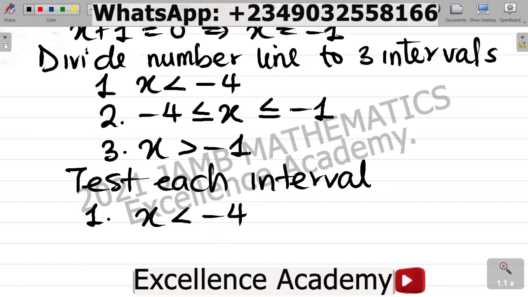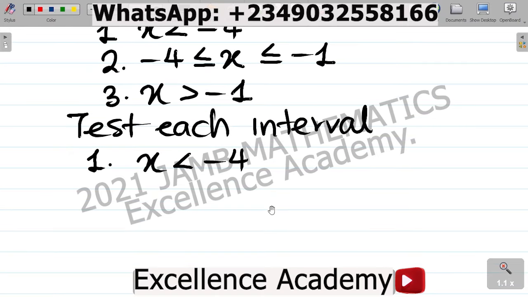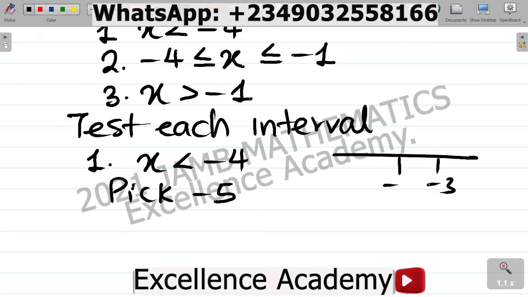So we're going to take a number that is less than minus 4. For this example, let's just pick minus 5. Of course, minus 5 is less than minus 4, because from the number line, you have minus 3, minus 4, minus 5. So minus 5 is lesser than minus 4.